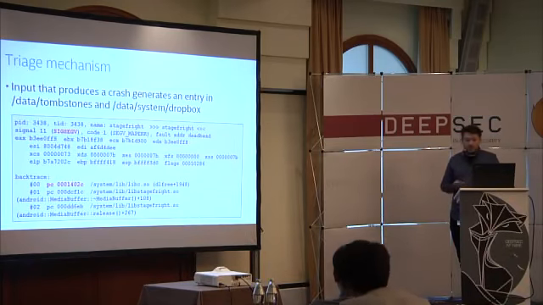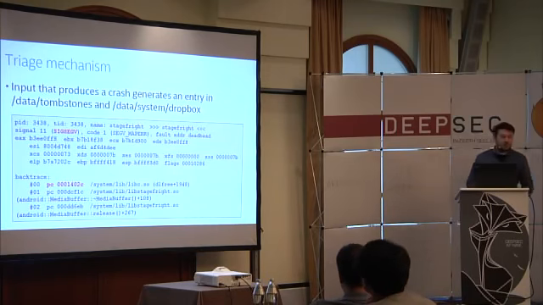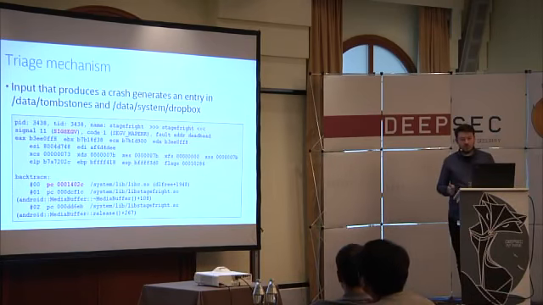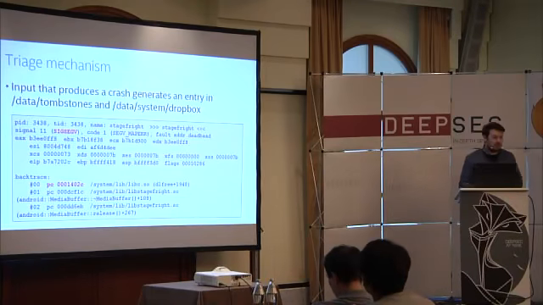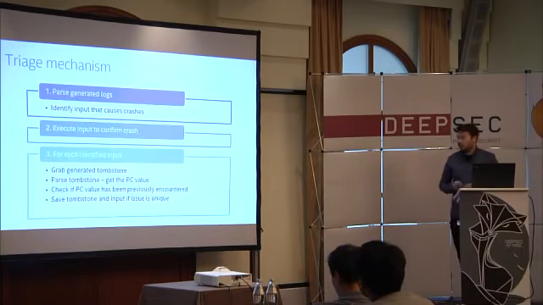However, we need to be careful of how we apply this mechanism, because if we have two identical crashes, but the image that is built on two separate devices is different, then the program counter value will also be different, although the crashes are identical. So we need to use the triage mechanism when working on a cluster of devices that have the same image flashed onto them.